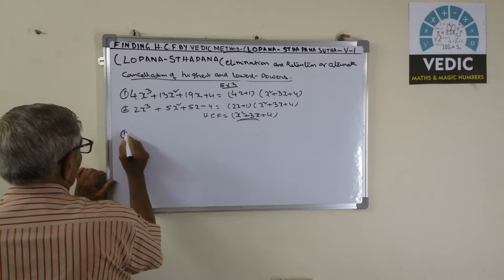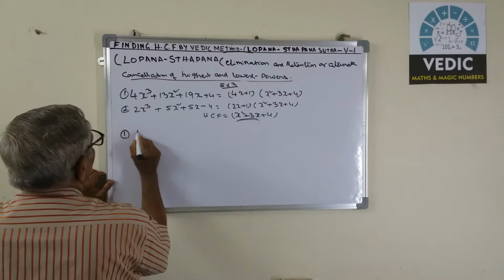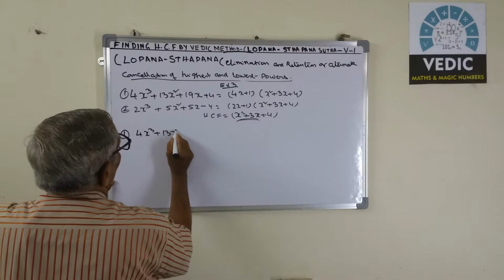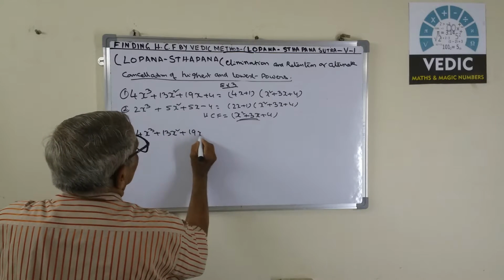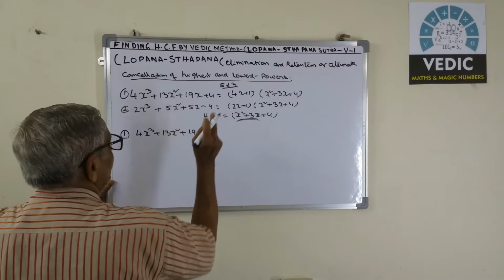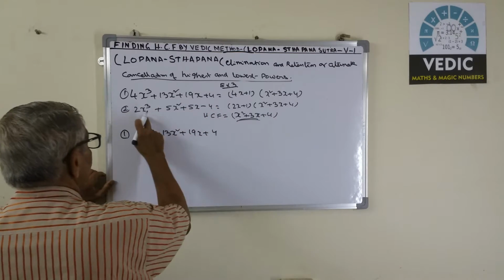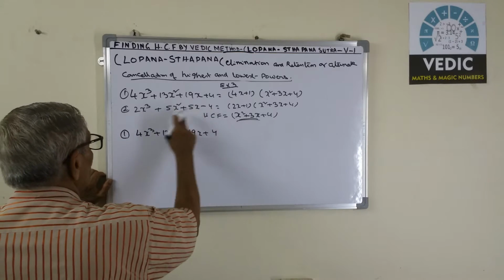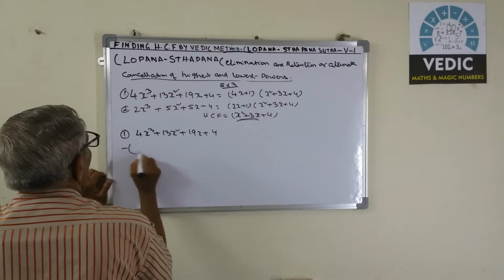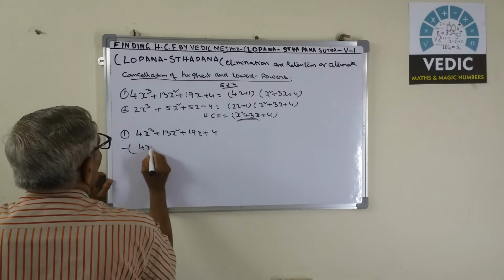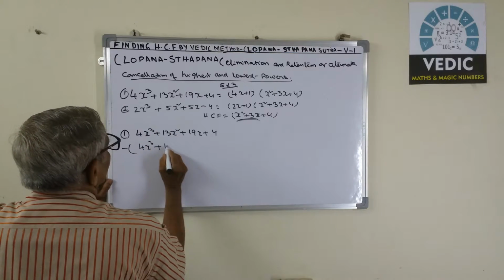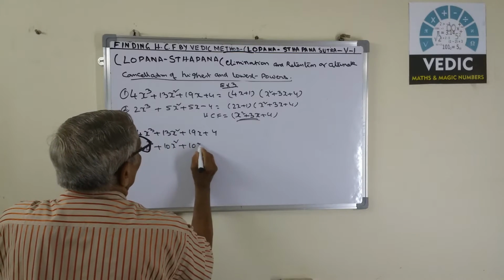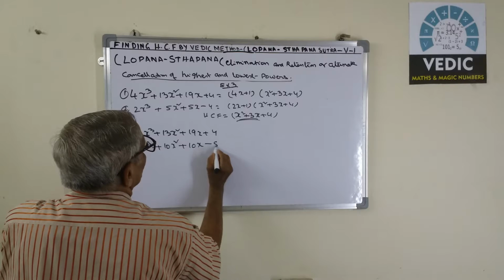This is the first equation, 4x cube plus 13x square plus 19x plus 4. To make the coefficients and powers equal, we multiply the second with 2 and subtract it: minus 4x cube plus 10x square plus 10x minus 8.